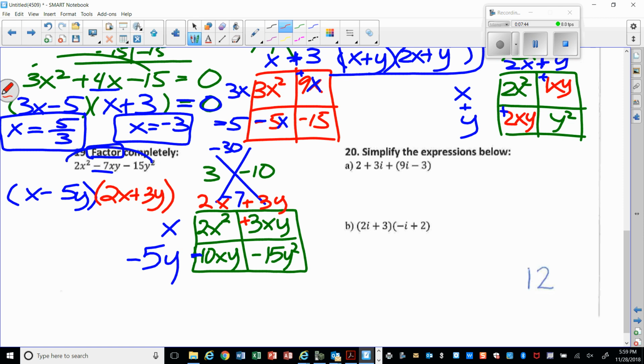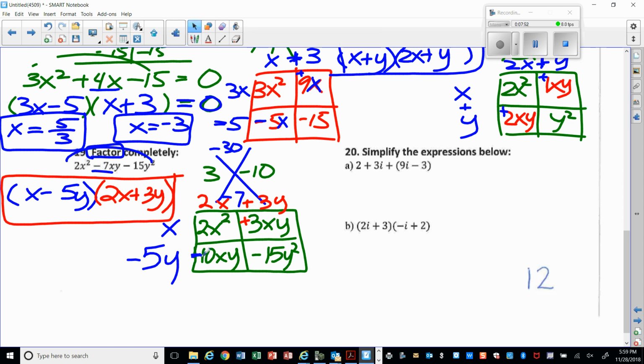Those are my 2 factors. And then now these last ones, I can just go into the imaginary mode and type them in. Okay, so we'll stop this here.